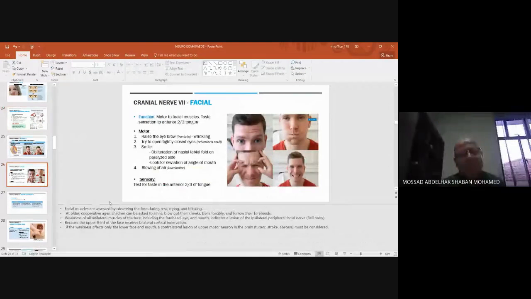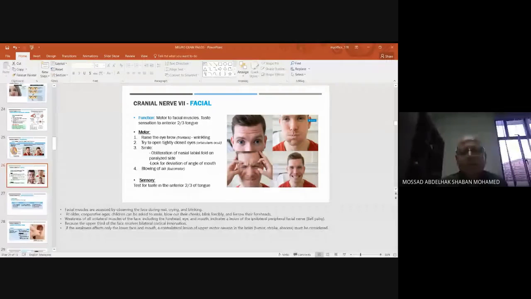The other thing is the 7th cranial nerve. I know that I need to do a 7th cranial nerve palsy slide, because many of you, even in the exam, are not able to define which side. They can say, yes, there is a 7th cranial nerve palsy. So we just check: is it bilateral? No, doctor, it is unilateral.